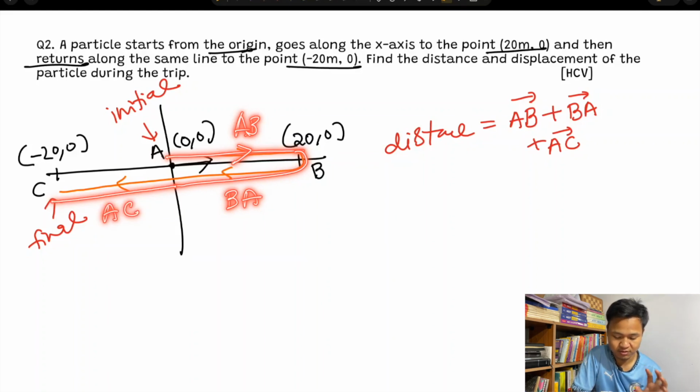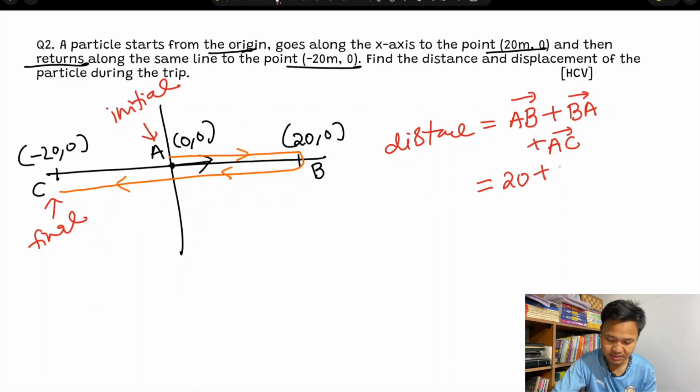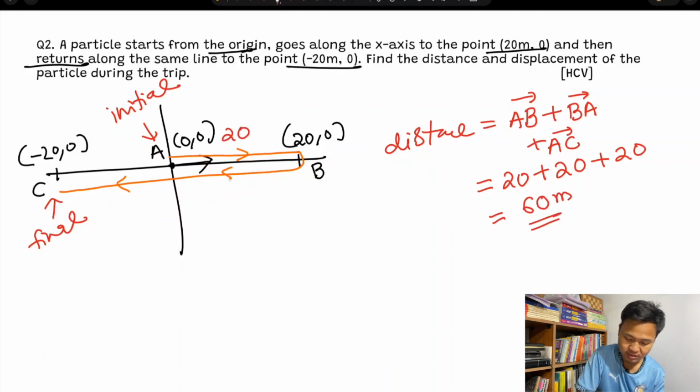So this is your whole path. A to B is 20, B to A is 20, and A to C is 20. Total is how much? 60 meter. Okay, so 20, 20, 20. Total distance is 60 meter.